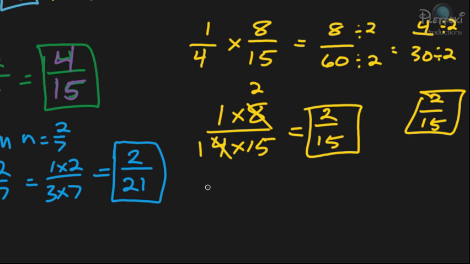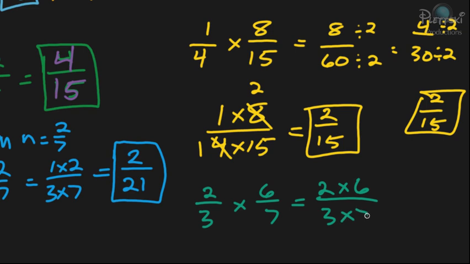Now let's show one more of those where you simplify before you multiply. So if we had 2/3 times 6/7. So you would rewrite that as 2 times 6 over 3 times 7.